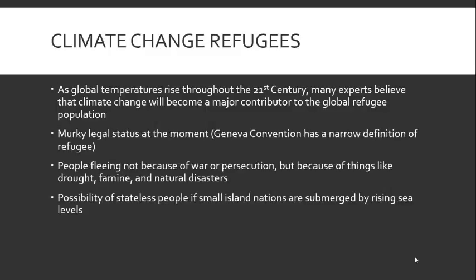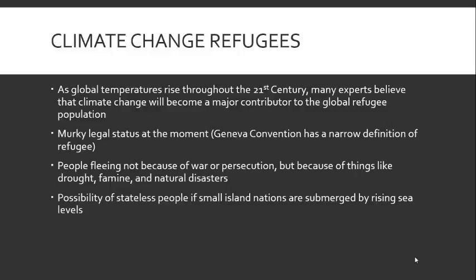Now, one emerging group of refugees that might become even more important in the future are what we would call climate change refugees. As global temperatures continue to rise throughout the 21st century, we don't know exactly how much, but it could be another 2 degrees Celsius on average. This is going to cause a lot of change in our global climate.